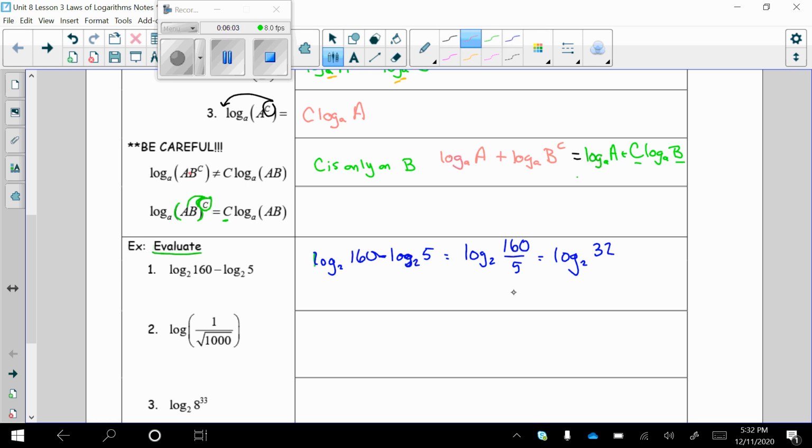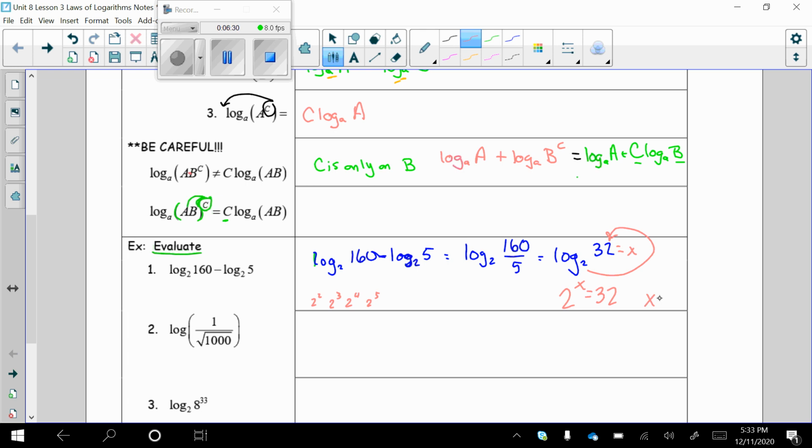Okay, from there, I can convert that to an exponential equation. 2 to what power equals 32? Well, 2 to the second is 4, 2 to the third is 8, 2 to the fourth is 16, 2 to the fifth is 32.